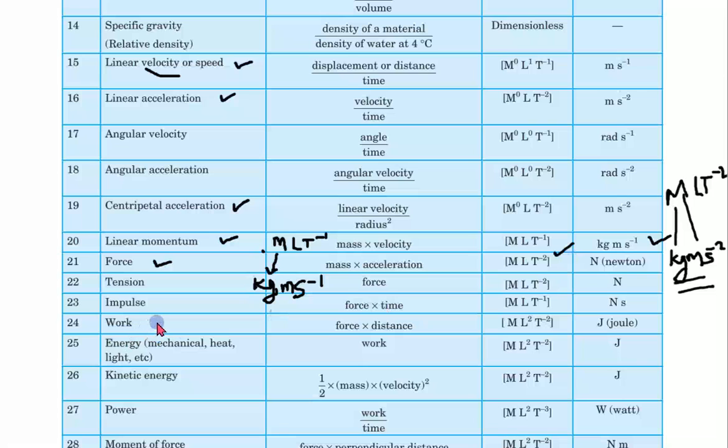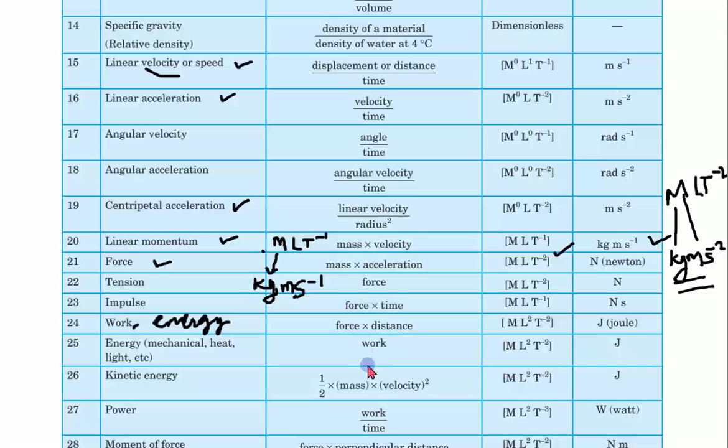Now work done. Work is force into displacement. Work or energy. Energy means any energy: potential, kinetic, rotational, maybe mechanical, heat or light energy. It will be joule, force into distance.